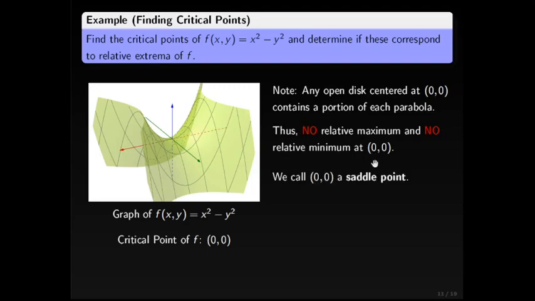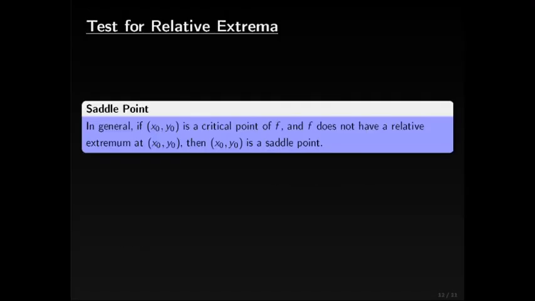In this case, we call (0, 0) a saddle point of f. In general, if P is a critical point of f, but f does not have a relative extremum at P, then most probably P is a saddle point of f.